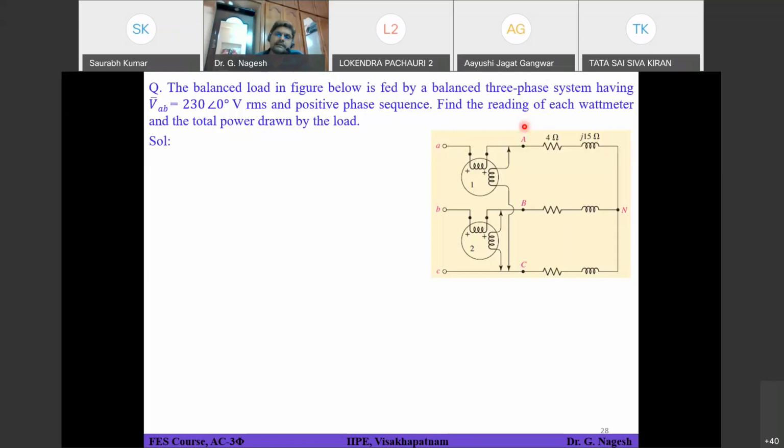So what will be the current here? Sir, VAN by Z. VAN by? Sir, Z impedance. Yeah, 4 plus j15. Okay, right. So try to do that. And what is the phase angle of VAN?